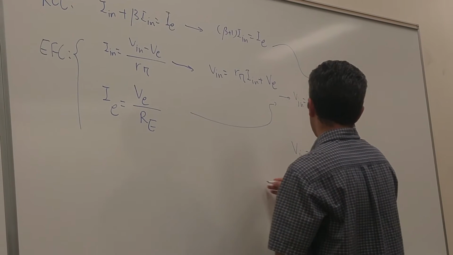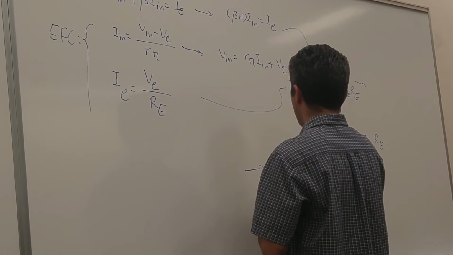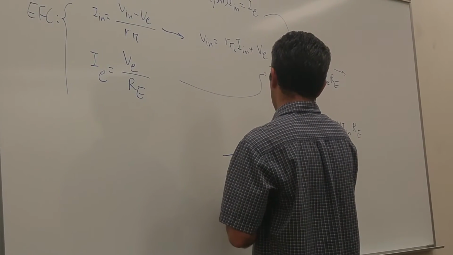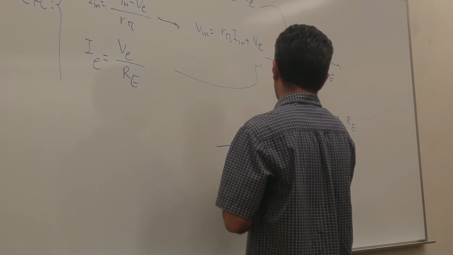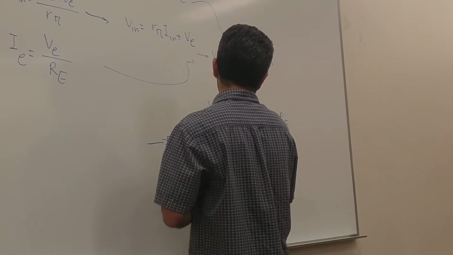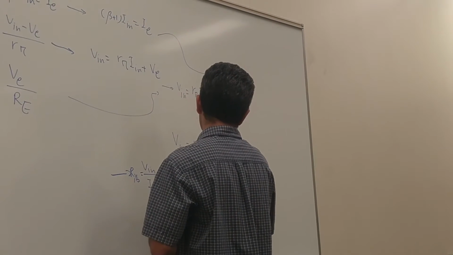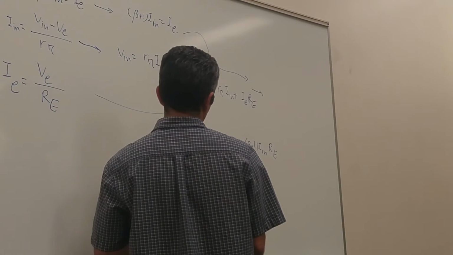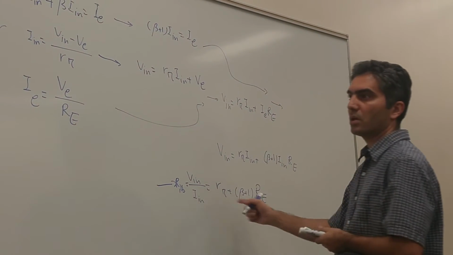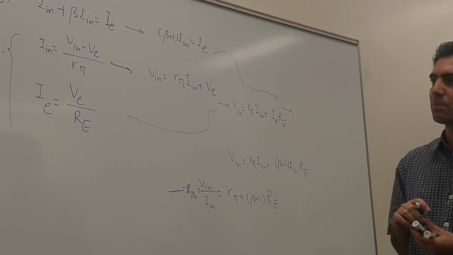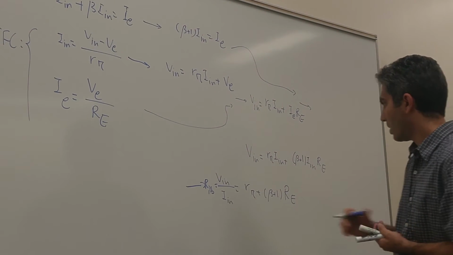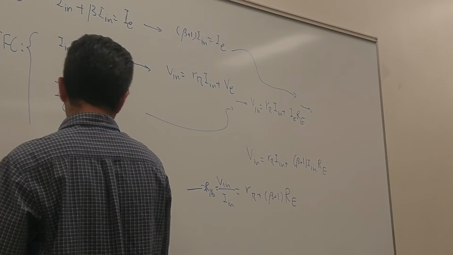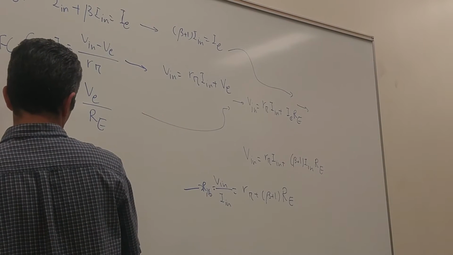So if I'm looking for V in divided by I in, which is my R in, that would be R pi plus beta plus 1 times RE. RE is known. It's 300 ohm in parallel with 500 ohm. R pi is known. R pi has an equation. What was that?